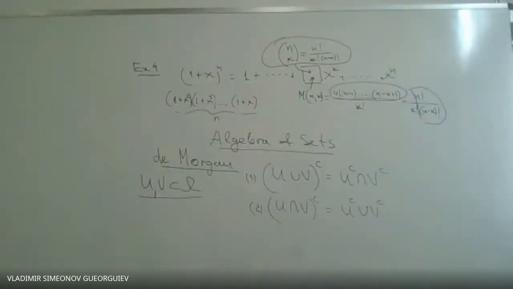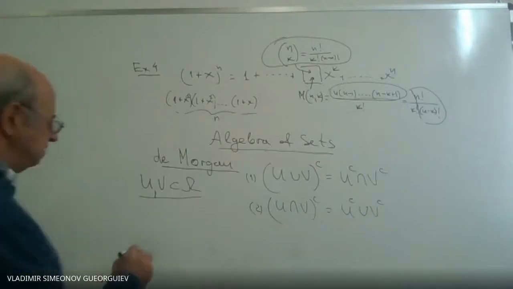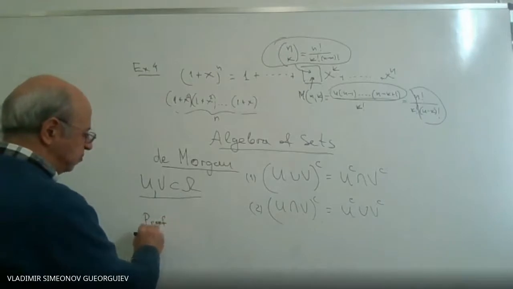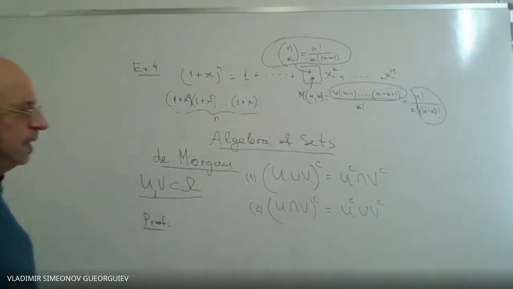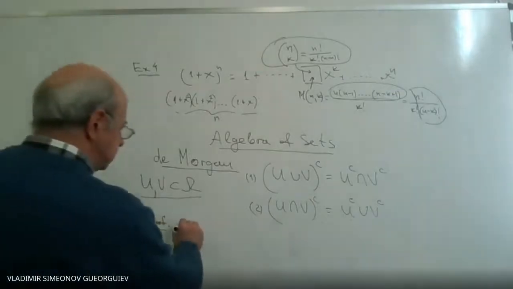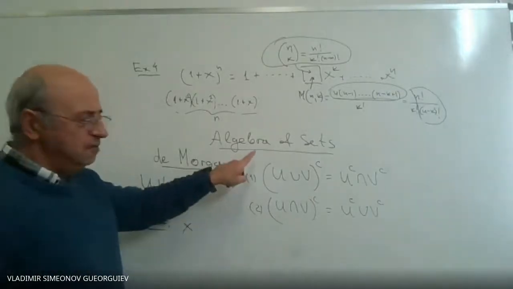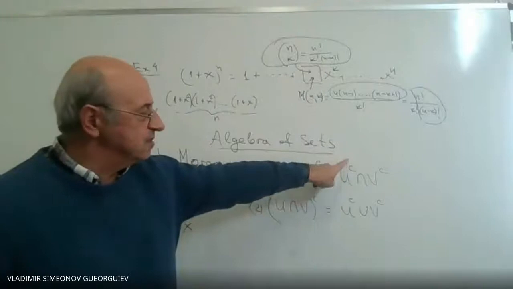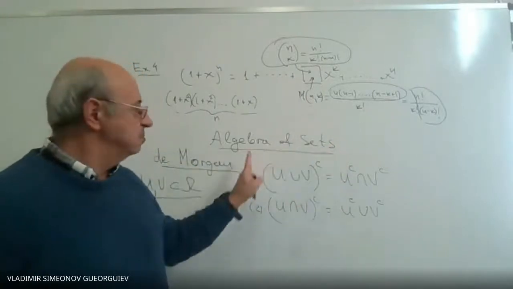Let us try to prove one, the idea of the proof of one. Probably this is very simple, but for completeness, we shall prove it. I have to show that if x is in this set, then x belongs to this set. And vice versa, if x belongs to this set, it belongs also to this.